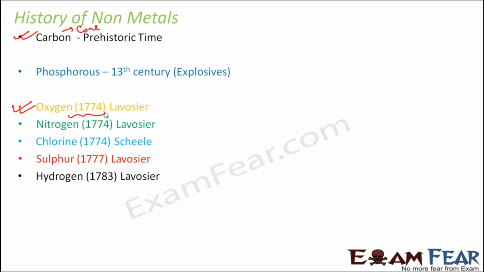You talk about oxygen, nitrogen, carbon, they are all present in huge amount on the earth. Oceans have hydrogen, oxygen, atmosphere has nitrogen, oxygen, carbon. So the quantity of non-metals is more on the earth when compared to metals. But when you look at the elements, how many of them are metals and how many are non-metals, you see that there are more metals than non-metals.